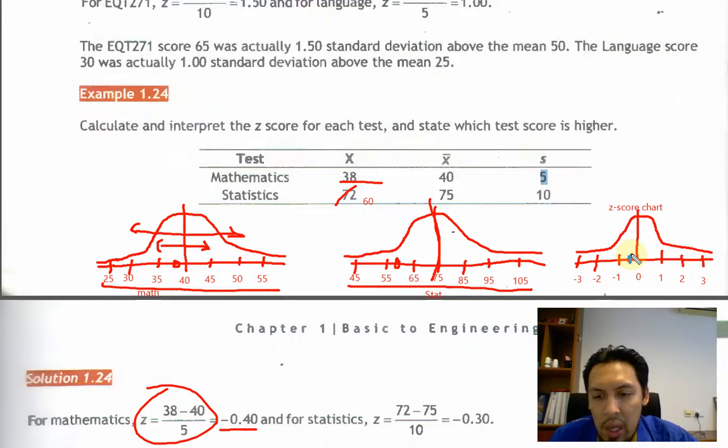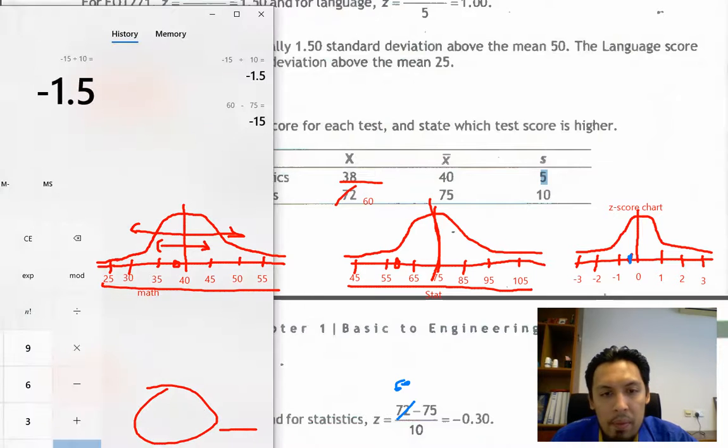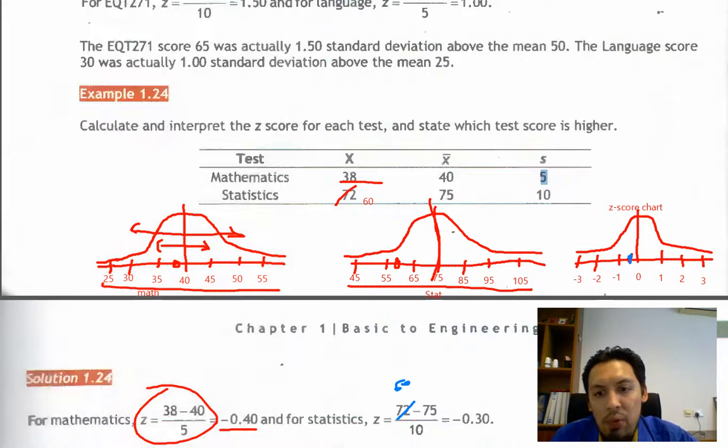Okay, and for statistics, let's change this. This is not 72, it's 60. 60 minus 75 over 10. What do you get? Negative 1.5. So negative 1.5 is here.